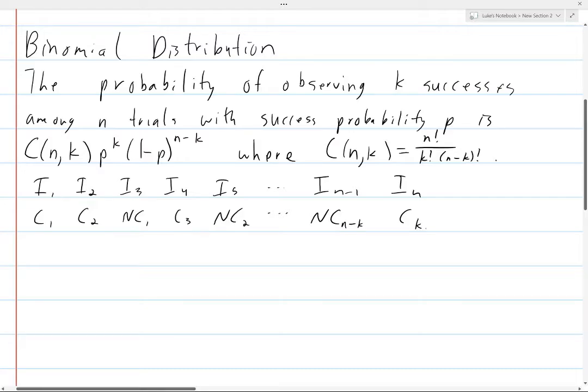So we've constructed a sequence of C1 through Ck and NC1 through NC n minus k.